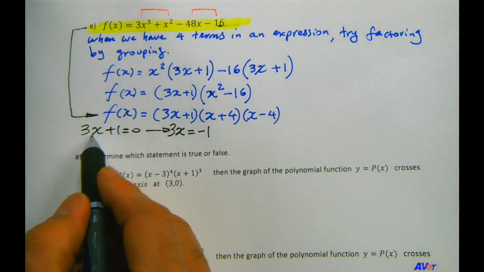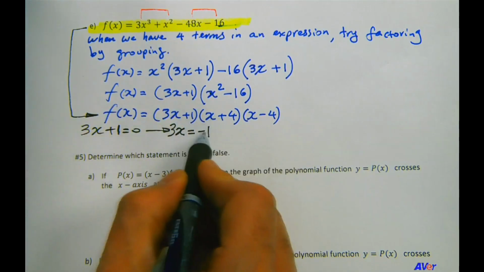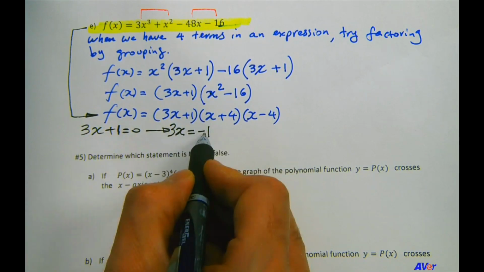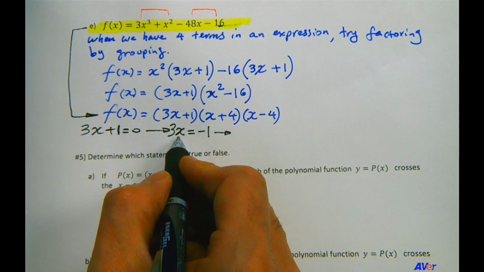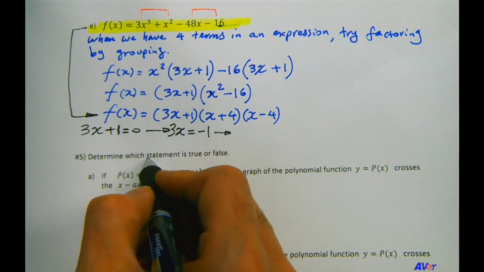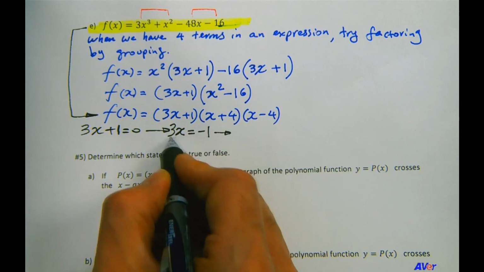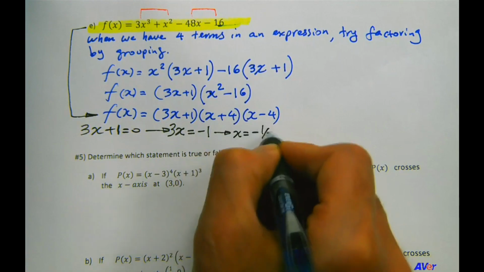We're solving for x, so we need to isolate x. So move the positive 1 to the other side. It was positive, now it's negative. Then, is x isolated? No. We need to isolate it by getting rid of this 3. How do we get rid of the 3? We divide both sides by 3. So x equals minus 1/3.